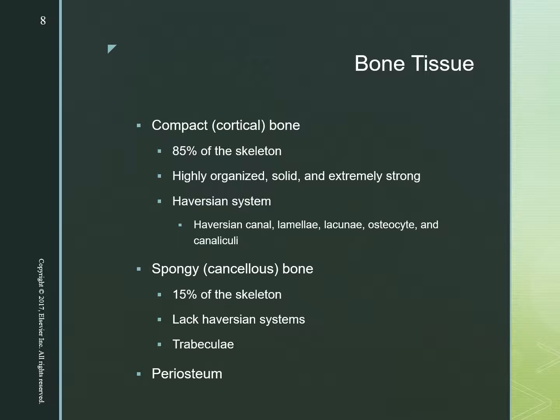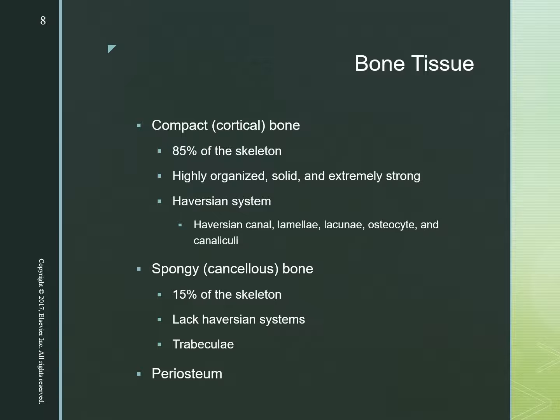There are teeny spaces called lacunae between the lamellae, and bone cells, osteocytes, are within the lacunae. The small canals called canaliculi all make up that canal.